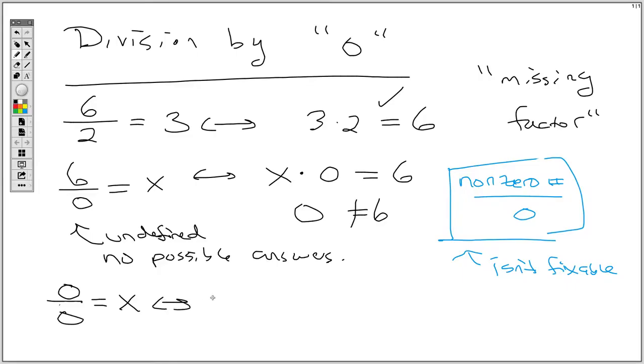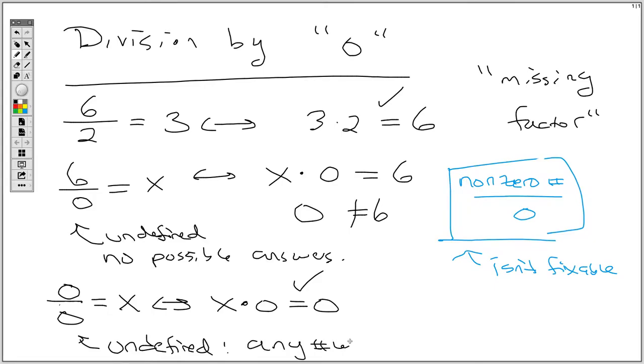Then that would mean that x times 0 would have to be 0. And the good news is this happens all the time. So when you have 0 divided by 0, it's undefined because any number works. And that's the second kind of division by 0 we're going to be seeing this week. 0 divided by 0 can pretty much be anything.